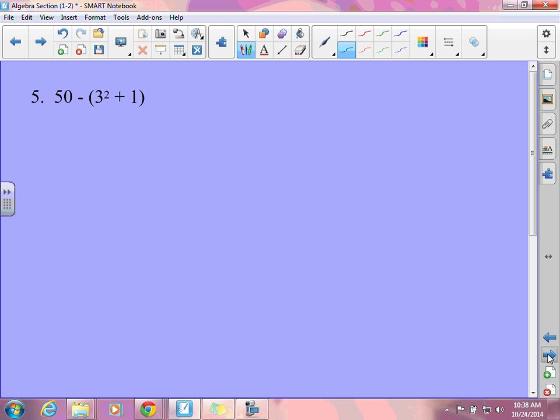So this becomes 9. And then notice how I put all my other stuff down around it. Do I have a parenthesis? Yes, and I've got to work inside. So 9 plus 1 is 10. And then I'm going to subtract and get 40. Questions?